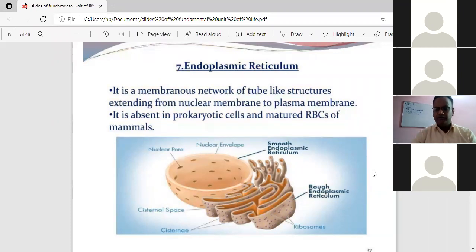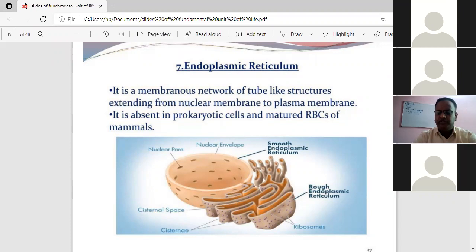For this, I would like to give the option to all the students who have raised their hand. Jyoti, you can also unmute yourself. What do you want to share? Yes, sir. Regarding the location, the endoplasmic reticulum is present connected to the nucleus. Okay, Jyoti.